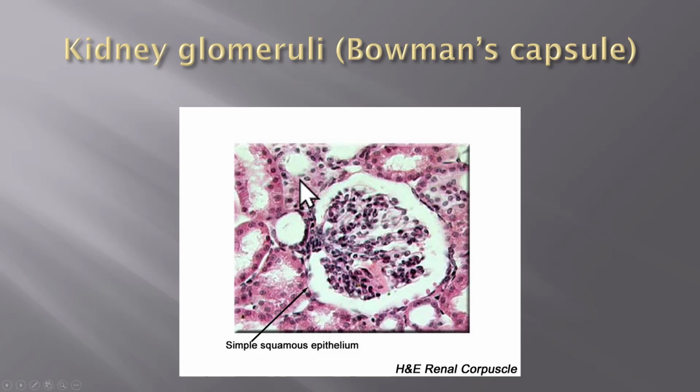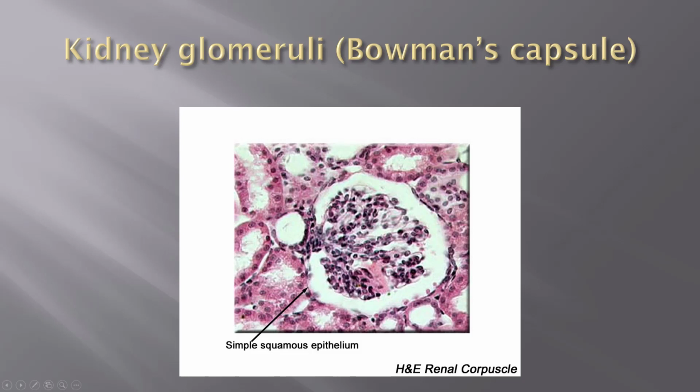What you have to do when you're looking at epithelium, and this is the perfect example of it, is you look for your free edge. Here's a free edge. You go from the free edge down into the cellular tissue, and you go down until you see a change.